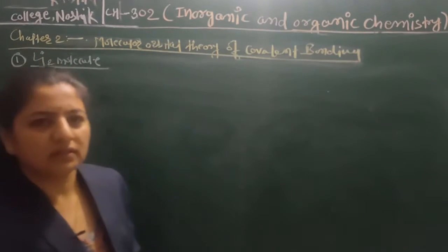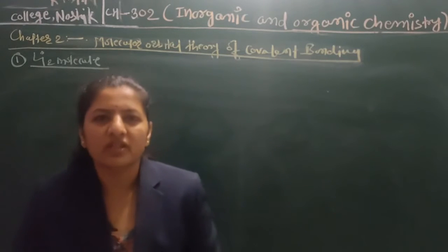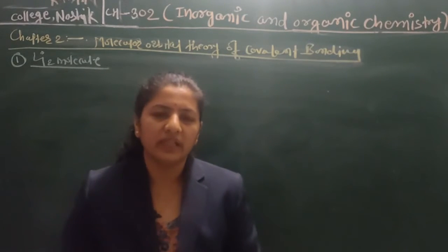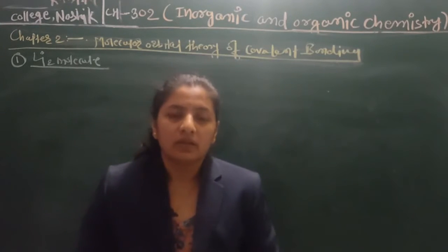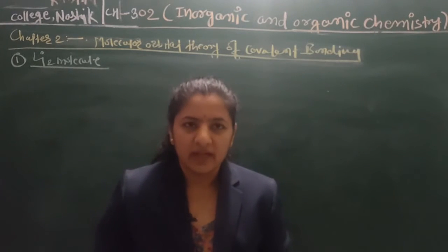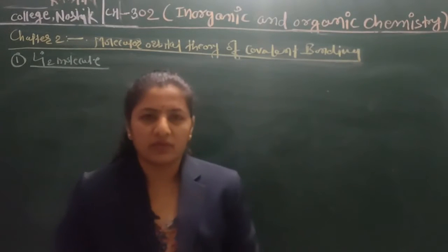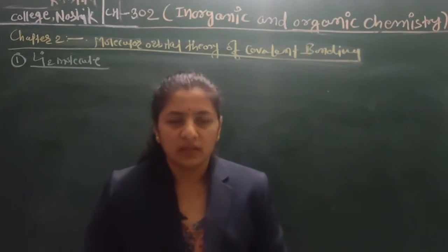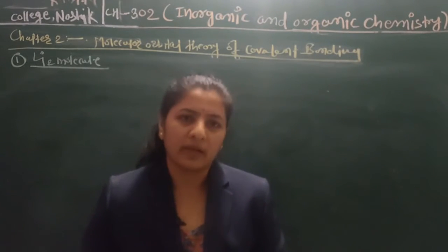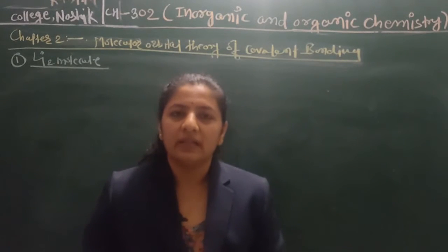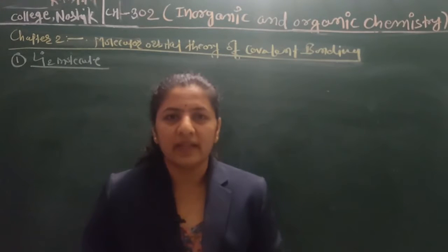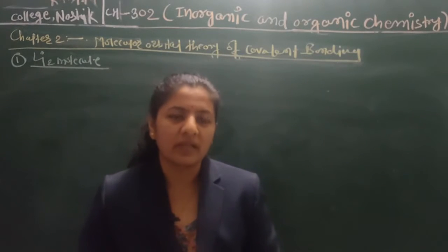Before starting the MO energy level diagram of the lithium molecule, we are going to discuss some energy levels regarding these second row elements, because there are 2s and 2p orbitals present in these molecules. Depending upon the orbital, the electron filling and the energy of that particular orbital is different.